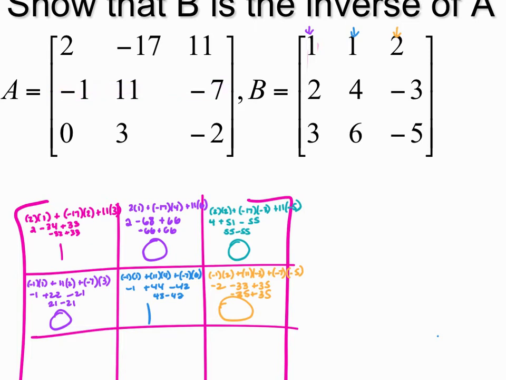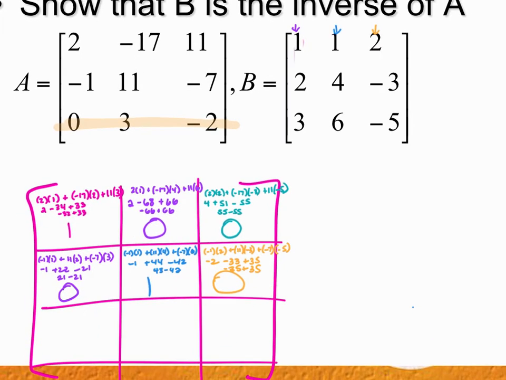Now I go row 3. Start with column 1. So 0 times 1 plus 3 times 2 plus -2 times 3, 0 plus 6 minus 6, and that's 0.